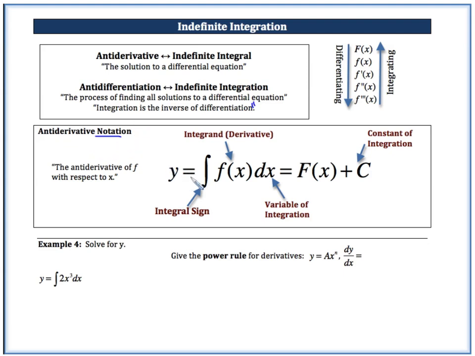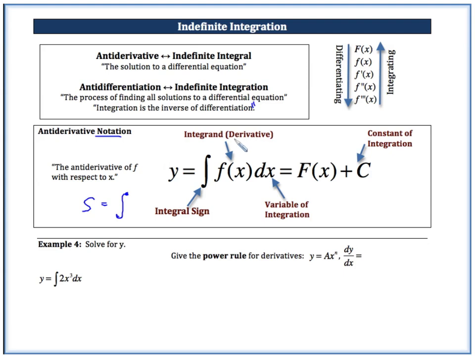Okay, and so we can say y equals the integral. So there's our integral sign. It kind of looks like an S. And we're going to see how this actually relates to an S, or a sum, in the subsequent sections. But there's our integral sign. And then here's the integrand.